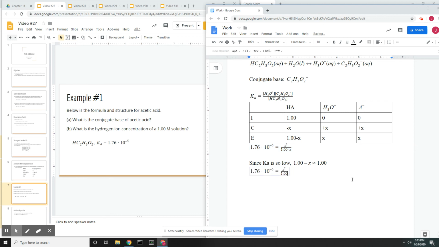I can just make this 1.00, which just makes x a whole lot easier to solve for. So I end up with 0.00420 molar, and that is my hydrogen ion concentration.